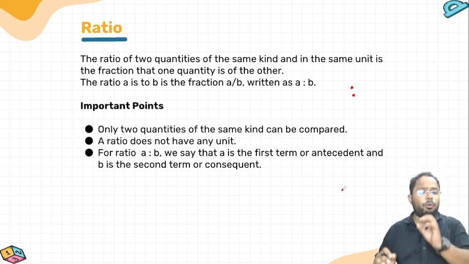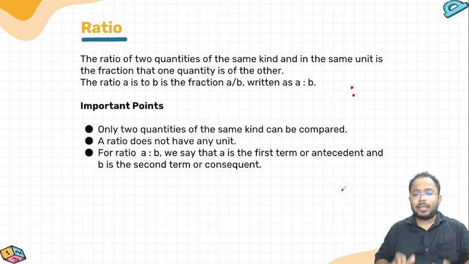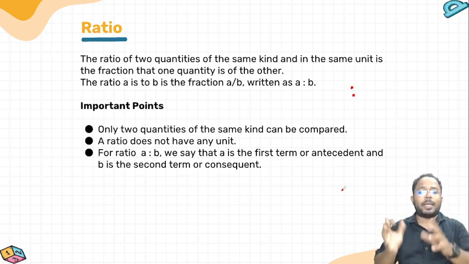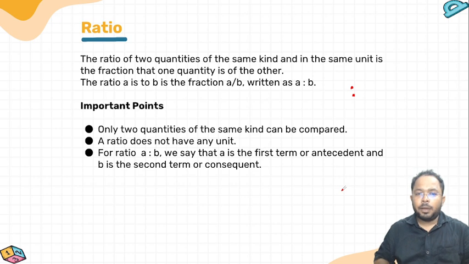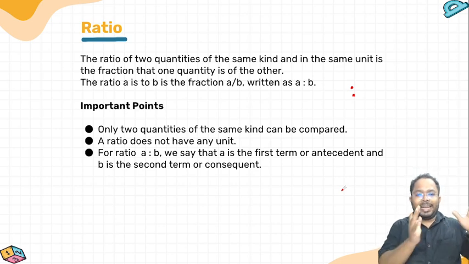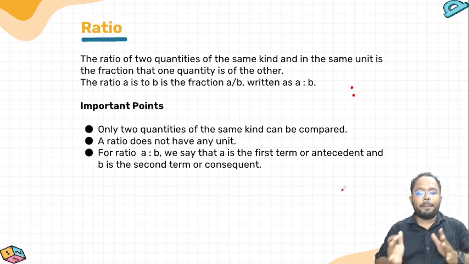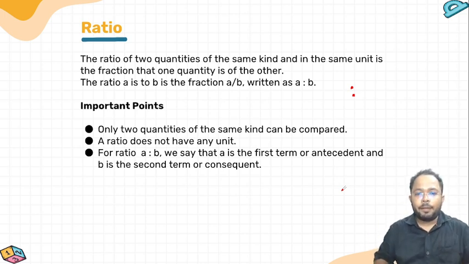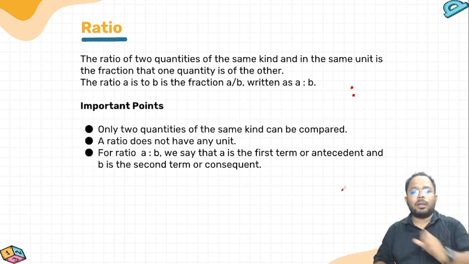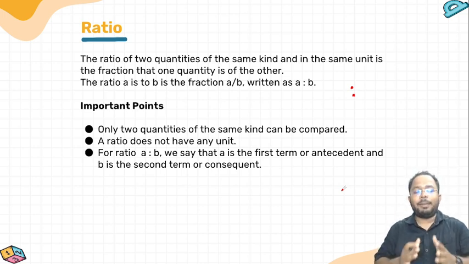So the ratio of two quantities means we are comparing two things which are of the same kind. We can compare an apple with an apple. We can compare height with height, weight with weight, length with length. We cannot compare length with weight, as they would be two different quantities.